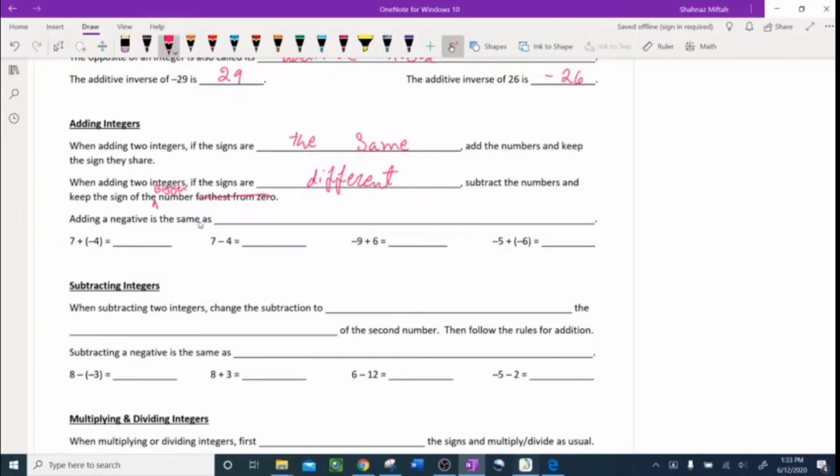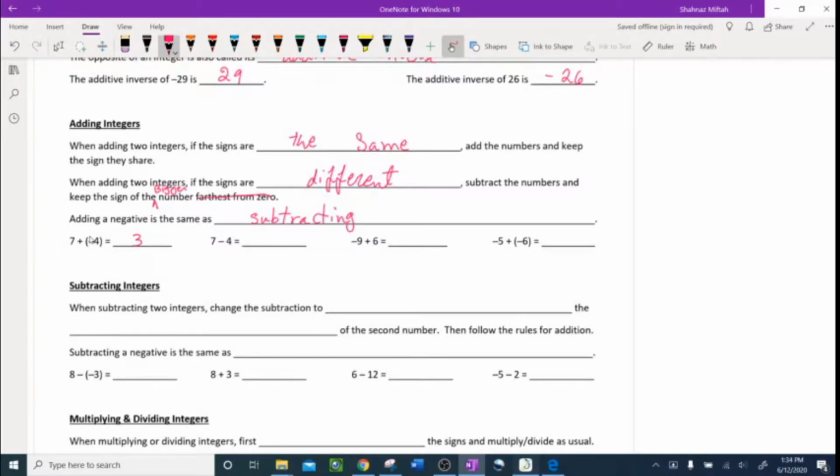Adding a negative is the same as subtracting. So if I have 7 add a negative 4, it means I'm actually subtracting. 7 subtract 4 is 3.